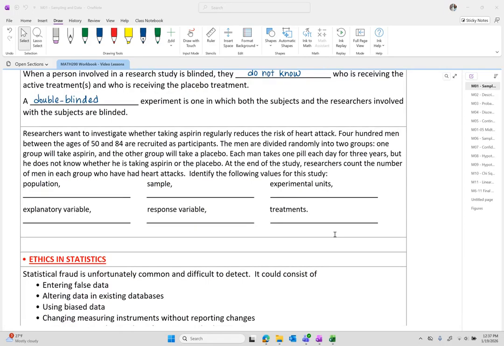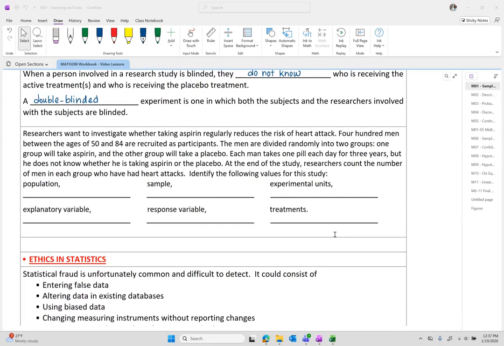We have an example. Researchers want to investigate whether taking aspirin regularly reduces the risk of heart attack. Now, this is a cause and effect question. Are you taking aspirin? And if you take aspirin, will the risk of heart attack be reduced? 400 men between the ages 50 and 84 are recruited as participants.